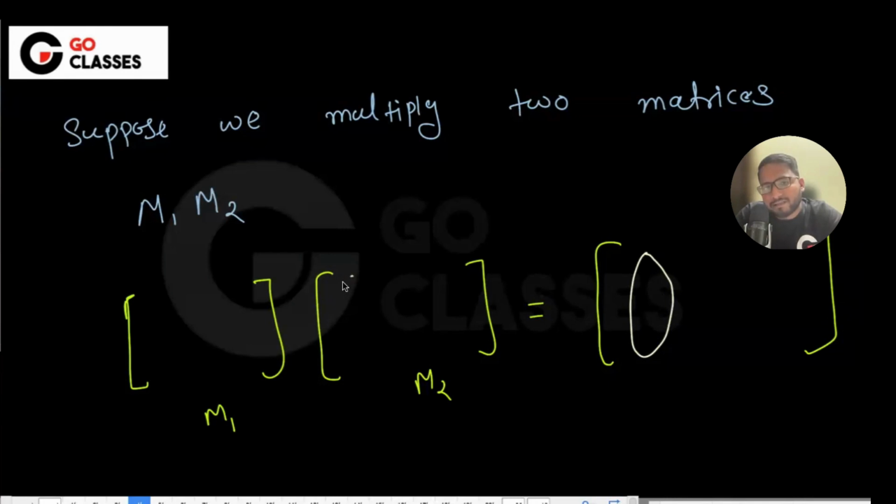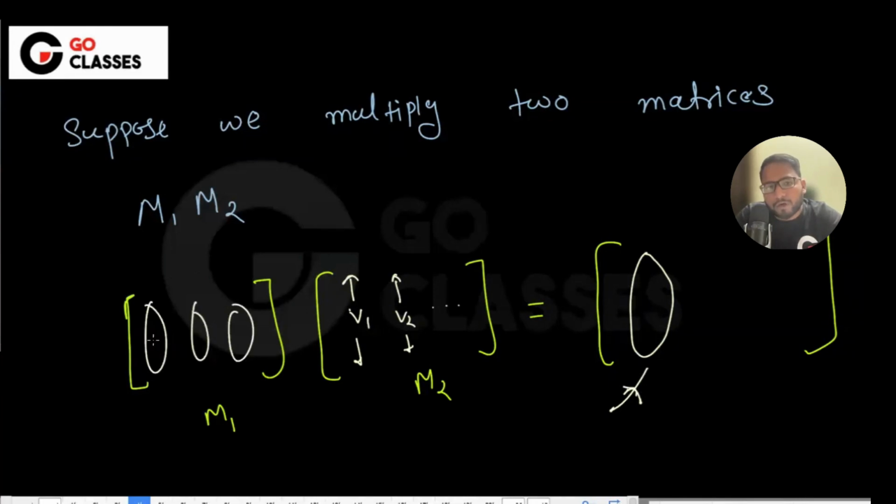So actually, let's suppose this is some vector. Let's suppose B1, this is B2, right? Like this. So can anyone tell me, if it is a linear combination of columns of M1, where will the coefficients be coming from? Let's suppose this is a linear combination of first column, second column, third column, but to take the linear combination, you have to have the coefficients, right?